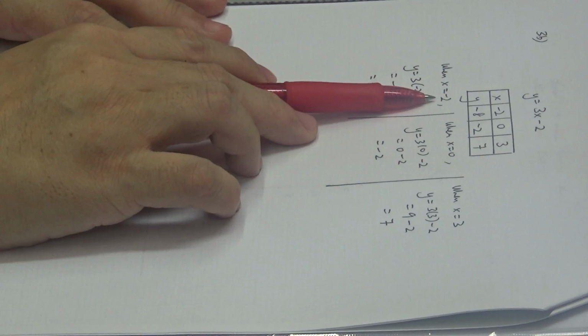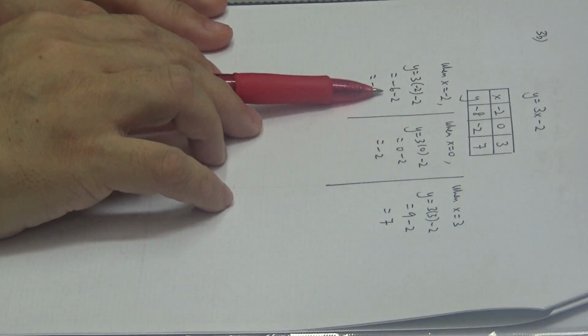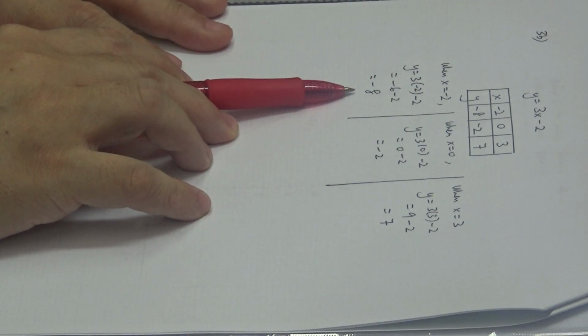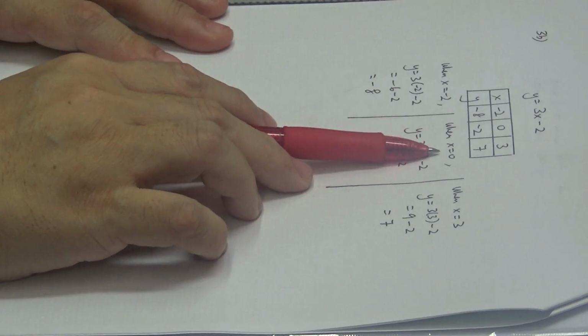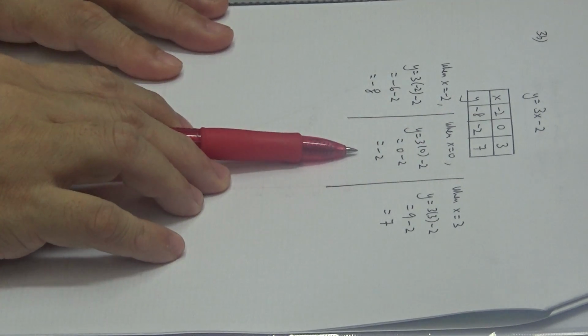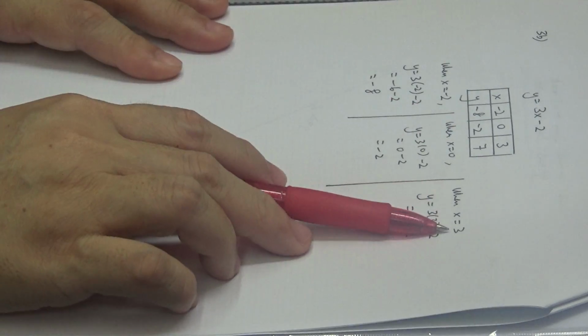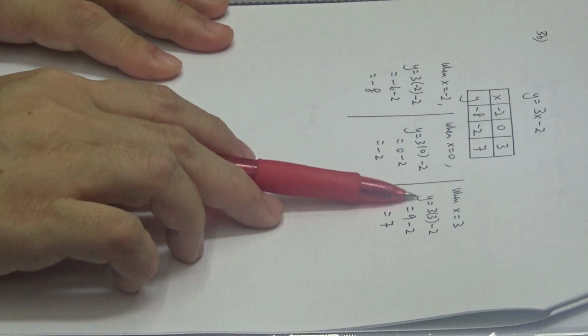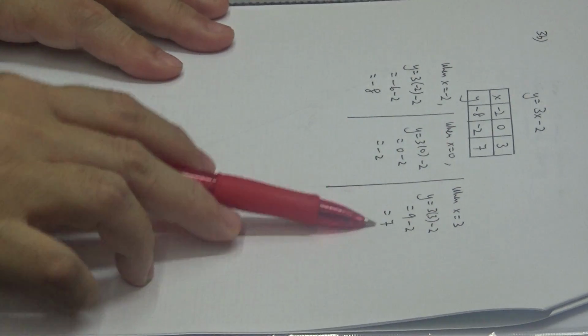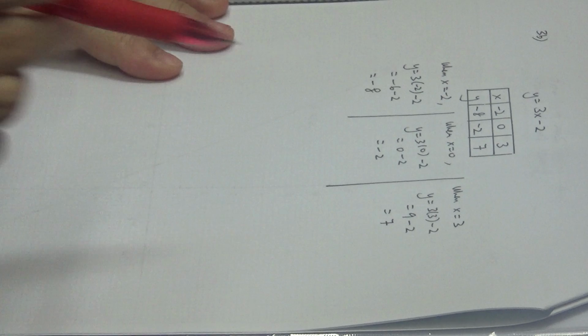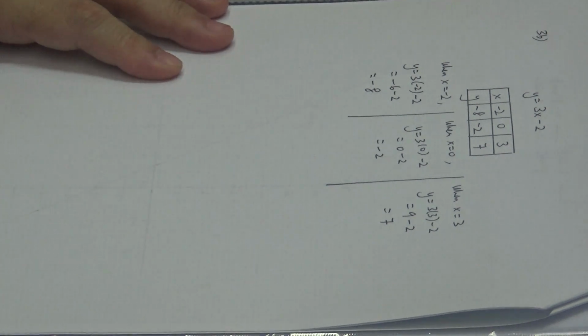When x is -2, I plug in -2, I evaluate, I will get -8. When x is 0, I plug in 0, I will get -2. When x is 3, I plug in 3, I will get 7. That's how I get the 3 answers to my values of y. You may pause the video if you need to copy down the working.